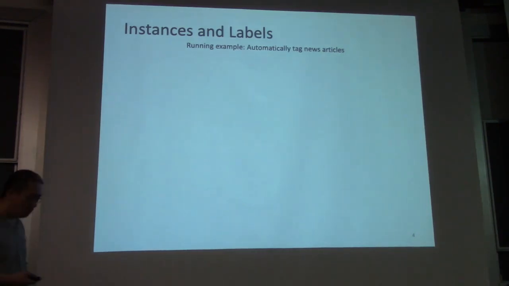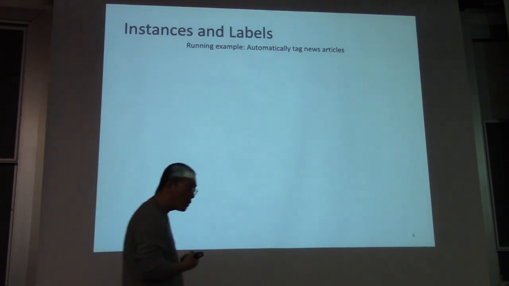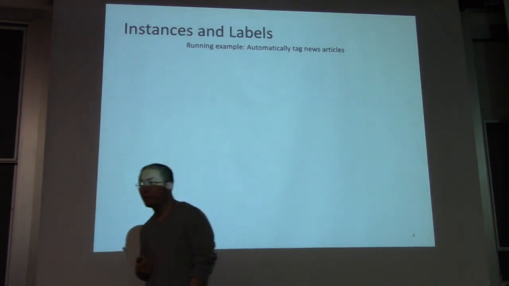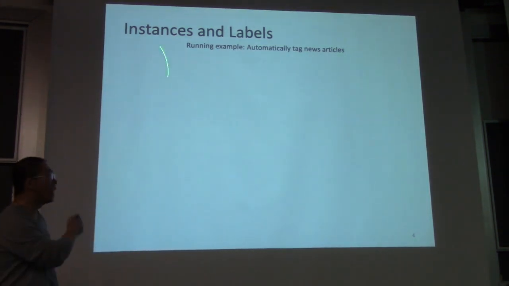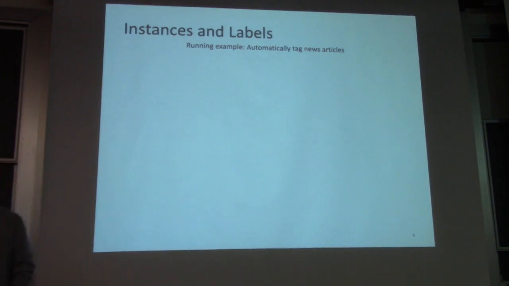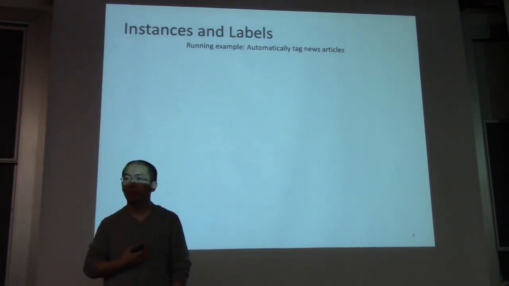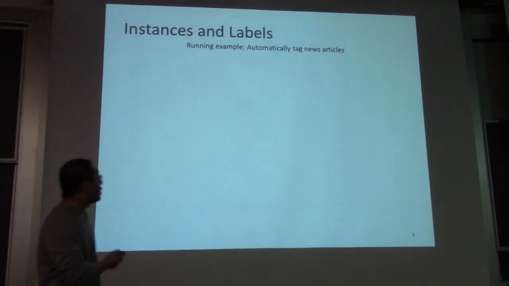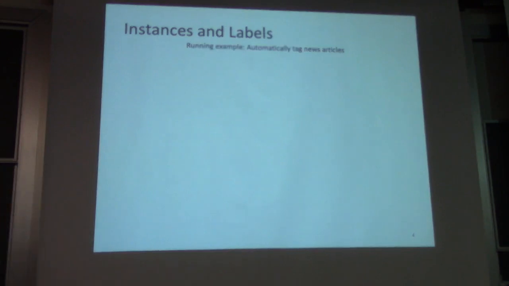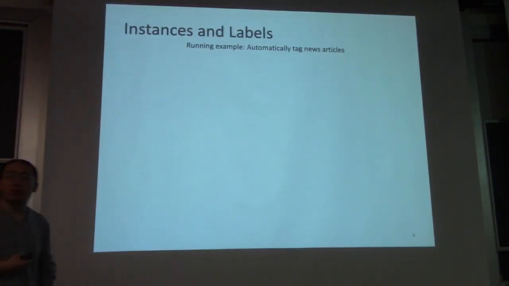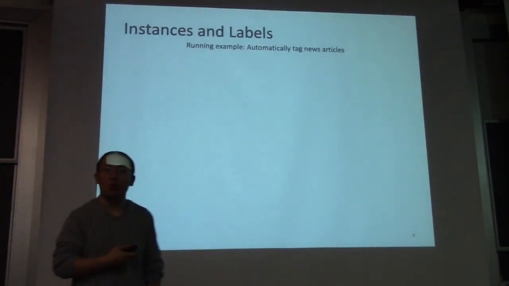So, following the previous example just discussed, instances correspond to the example problems, right? And labels correspond to the answers. Now, if we take a look at a particular supervised learning task, that is to automatically tag news articles, then what is the instance?